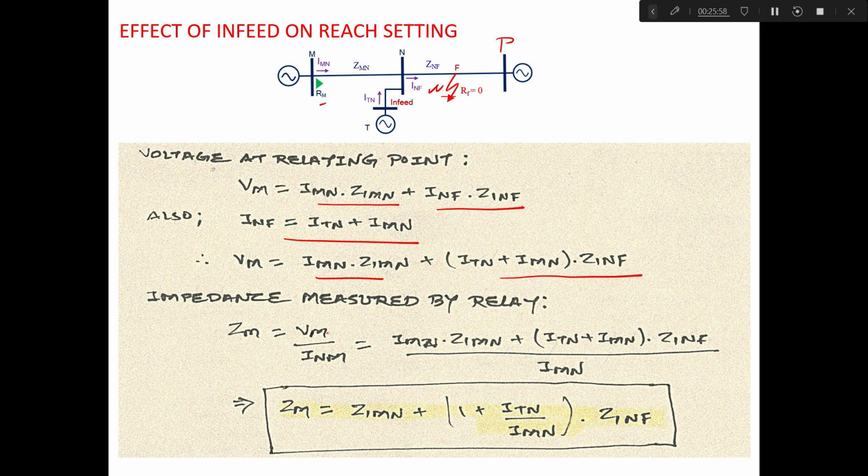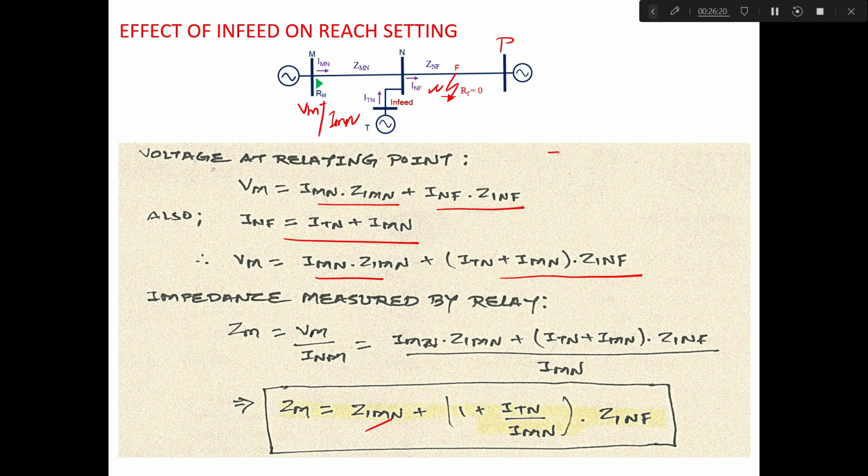The impedance measured by the relay will be Vm, the voltage at this bus, divided by Imn. So this Imn cancels out, and this becomes Z1mn, and then Z1nf times (1 plus Itn by Imn). What does this mean?